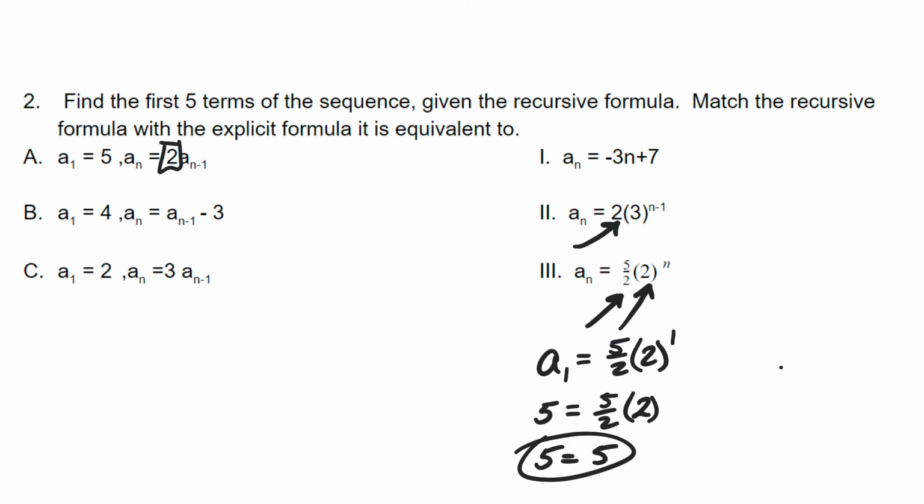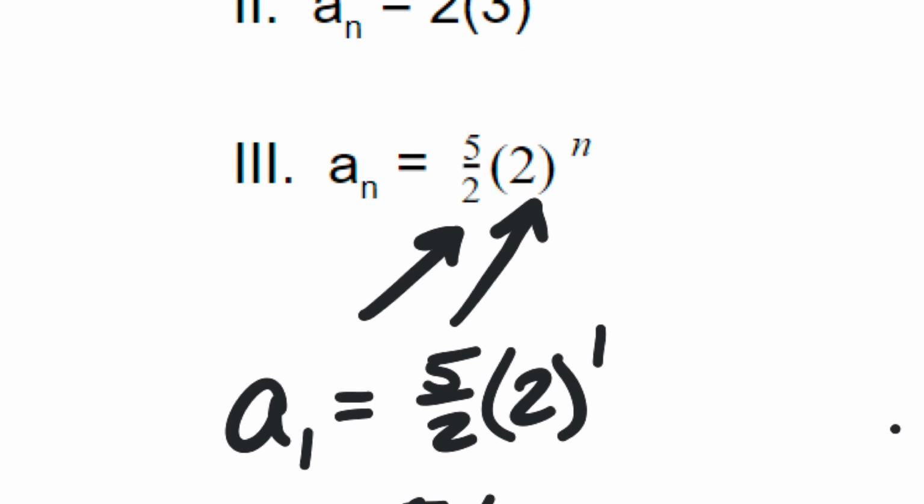Let's talk about this though. Why is it 5/2? And that is our correct answer, the letter A matches with pattern 3. Why is it 5/2? Remember, my pattern is doubling. Well, the reason why it's 5/2 is all to do with our exponent. Our exponent is supposed to say n - 1, but this one does not.